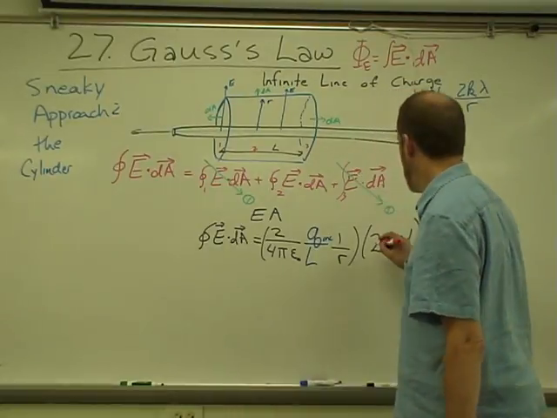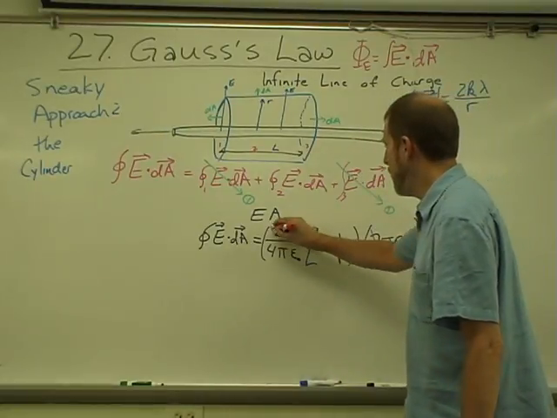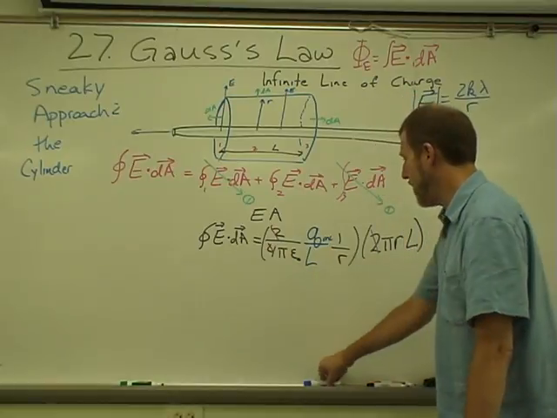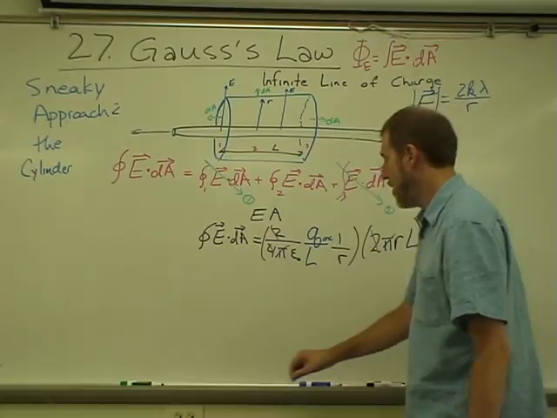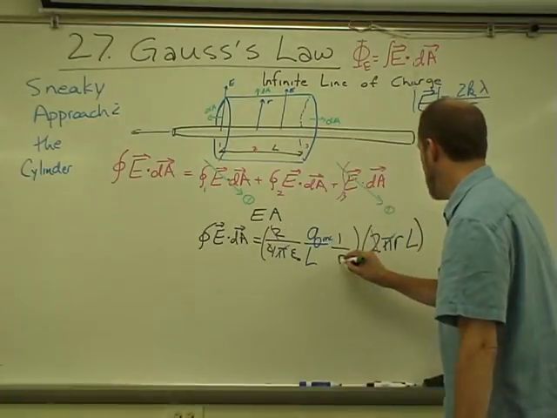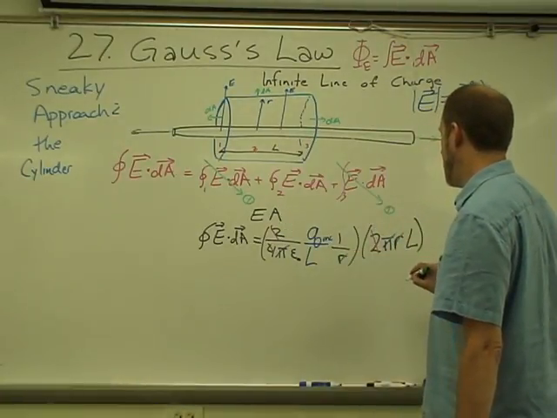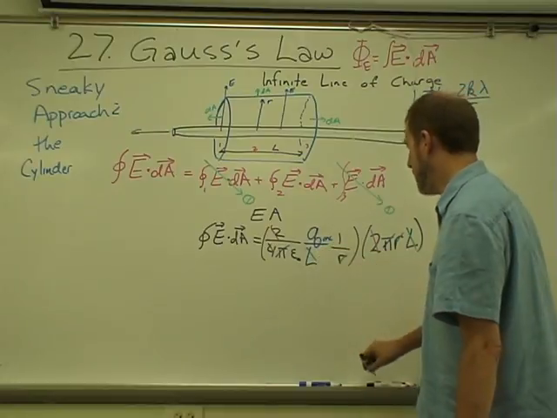And we notice 2 and 2 cancels with 4. Pi cancels. R cancels. L cancels.